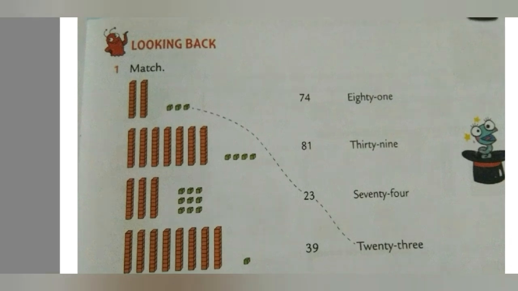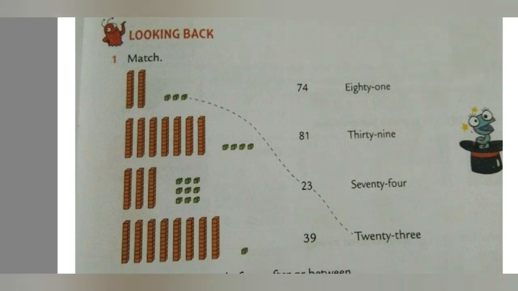The first exercise which is given here is Looking Back. Match. The boxes which you can see in red color denote 10 each. How many boxes are there? 2. So it denotes 20. The boxes which are given in green color denote ones.